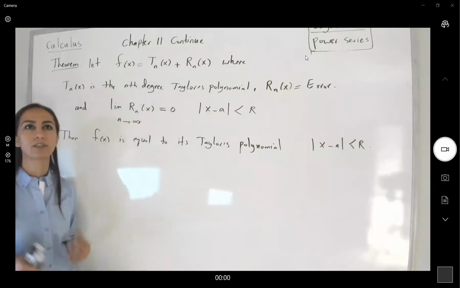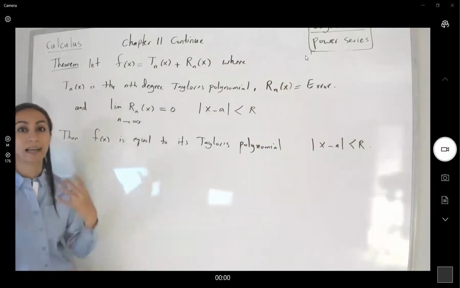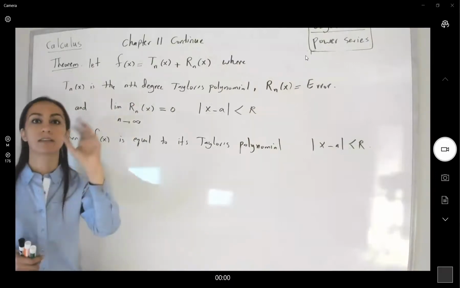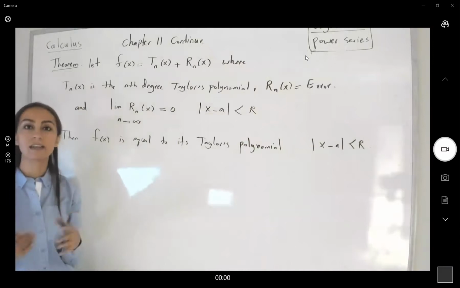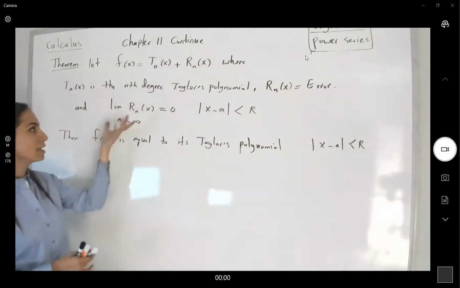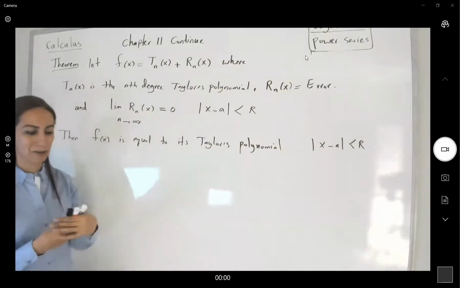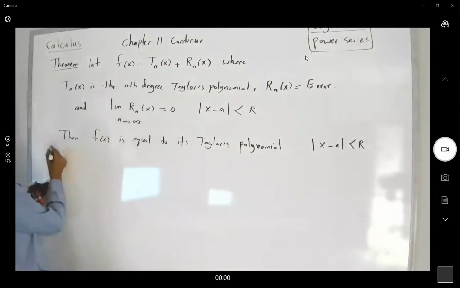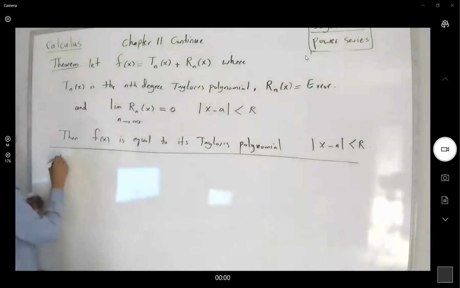So now I expect you to ask, do we have something that we can use to calculate the error? We have Taylor's inequality that helps us to find some bounds for the error. Taylor's inequality.